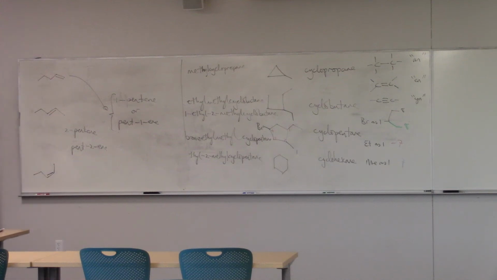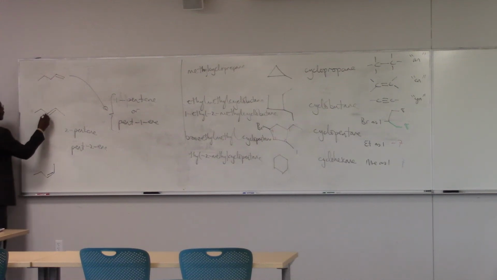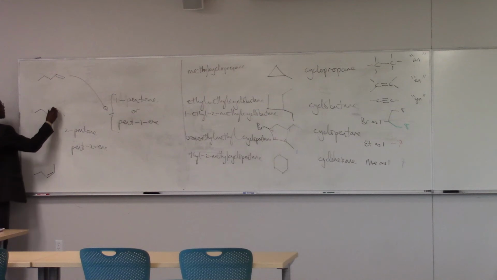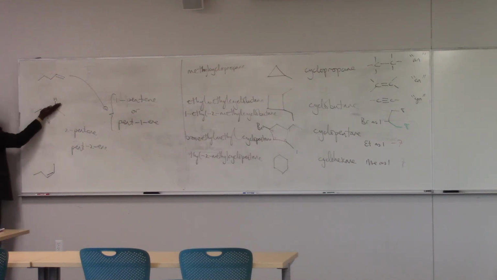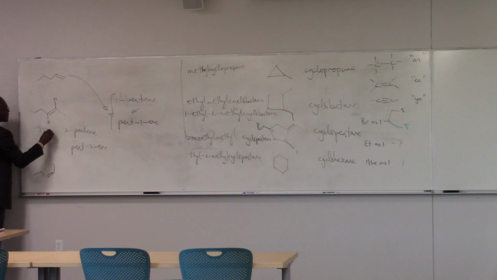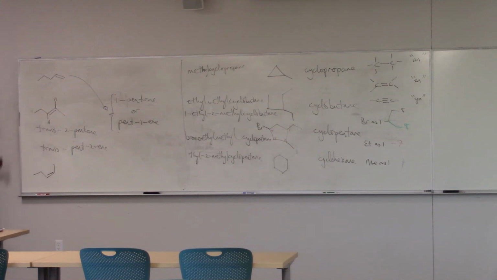Okay? And as you might guess, in this one, I've got H's which find themselves on opposite sides of the double bond as a frame of reference. So I'm going to call this trans-pent-2-ene, or trans-2-pentene, and typically that's put in parentheses.